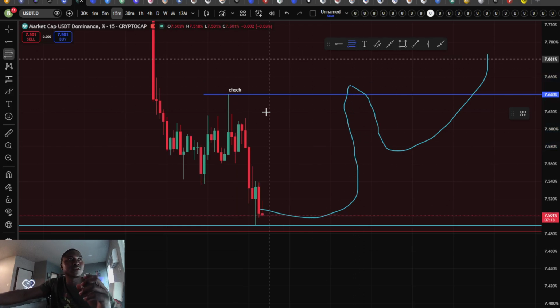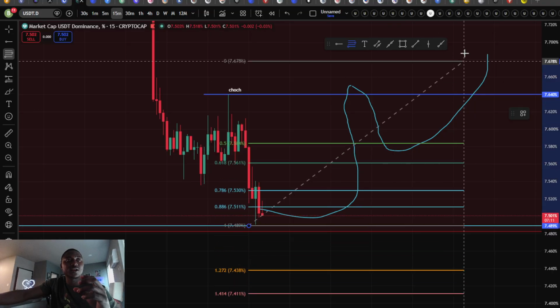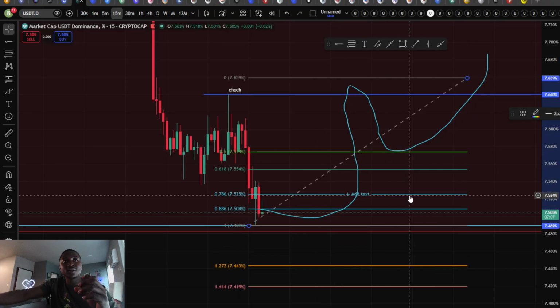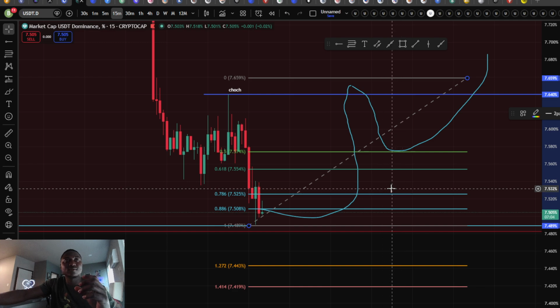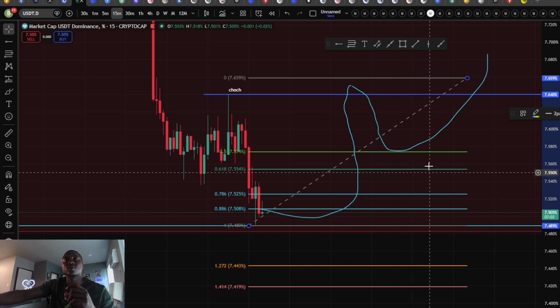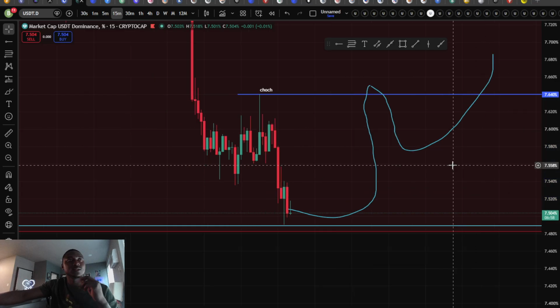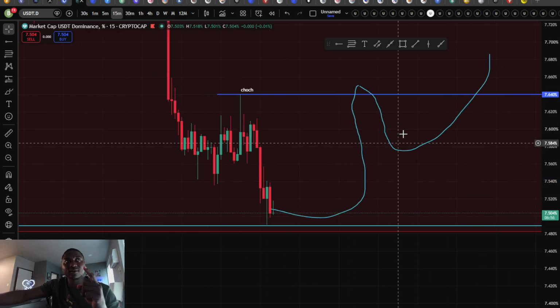You just wait for the break above. Let's say everything started here, and then we break above it somewhere here. You wait for the low around here, all the way to the 0.786 fib, and then you look for the higher low. You always want to see that higher low. So that's the early heads up that I'll be looking for.